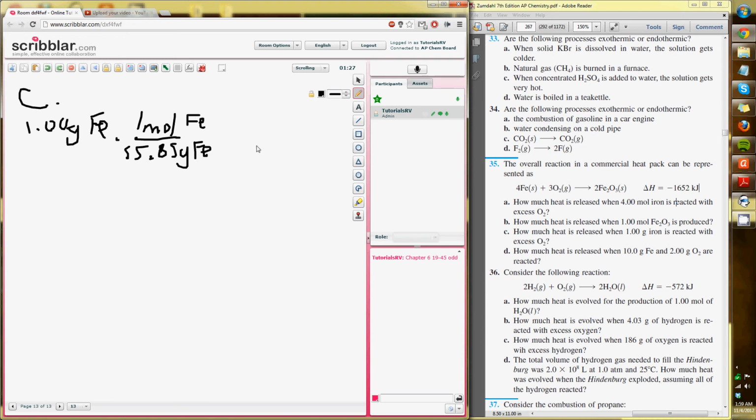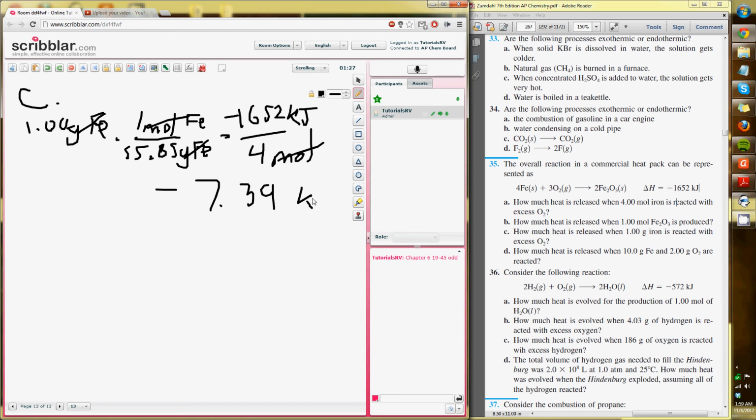And then you do it again. That is 4 over negative 1652 kilojoules moles. And then cancel out, cancel out, cancel out, cancel out. You end up with negative 7.39 kilojoules. Or whatever the book says. This is what I got.